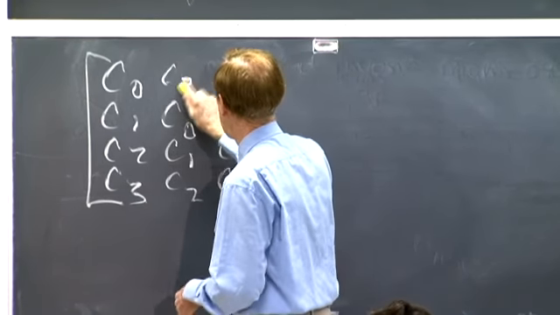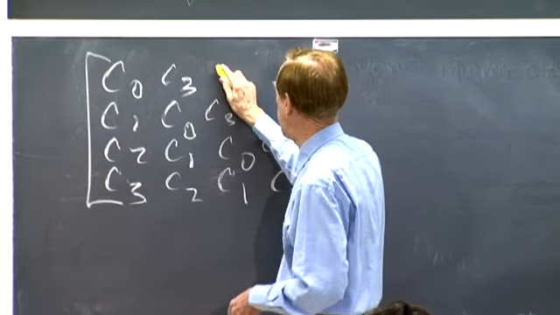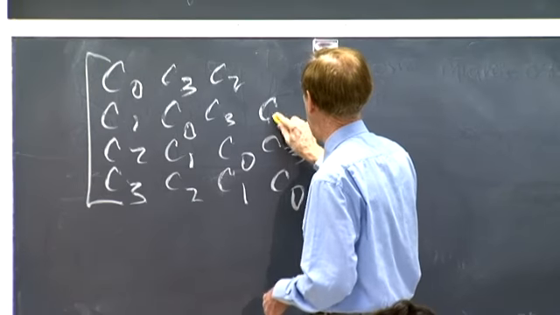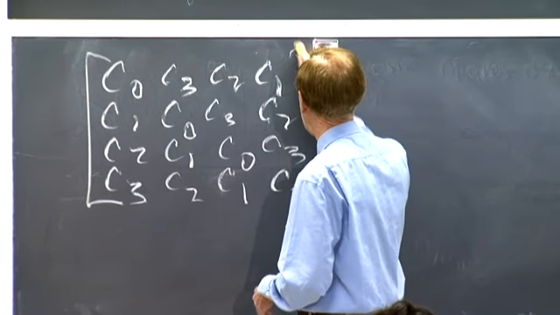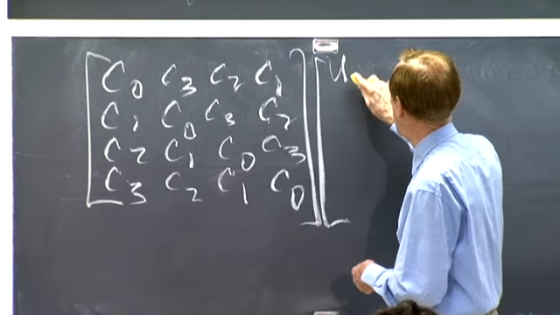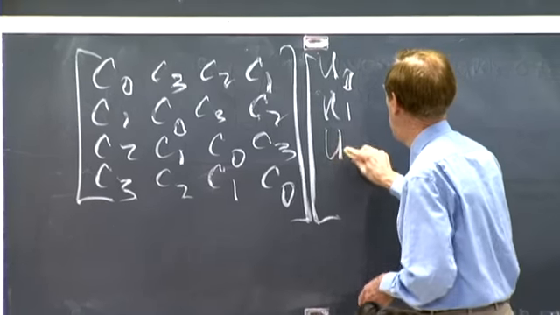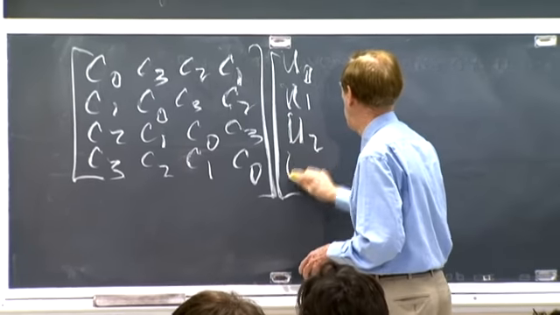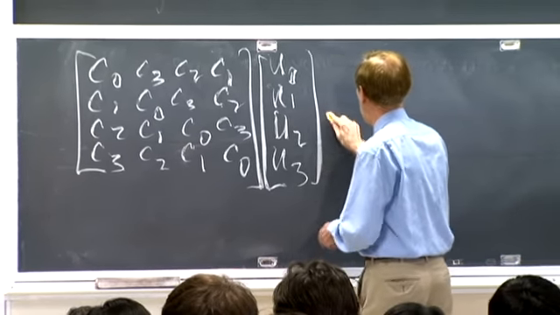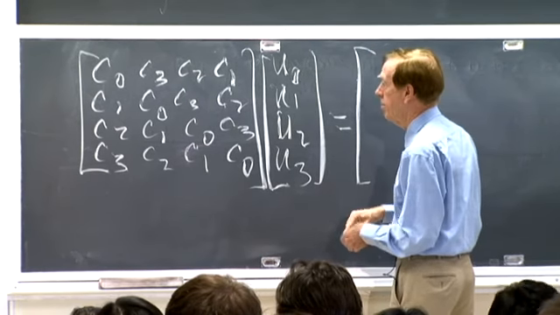This will be C3, C3, C3. I'm writing down all the right numbers in the right places so that when I do that multiplication with the unknown U0, U1, U2 and U3, I get the known right-hand side.